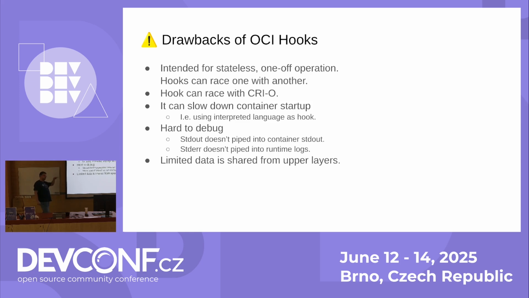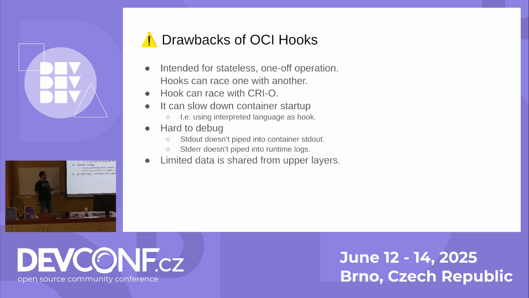In this model, the container engine doesn't know what the hook did, and neither do the kubelet and Kubernetes. They can also race with CRI-O itself, because when we use hooks for cgroups, that cgroup can also be touched by the container runtime itself later on, because you define something that you want in the config JSON. So the config JSON cgroup will override what the OCI hook did. So that's not that good.